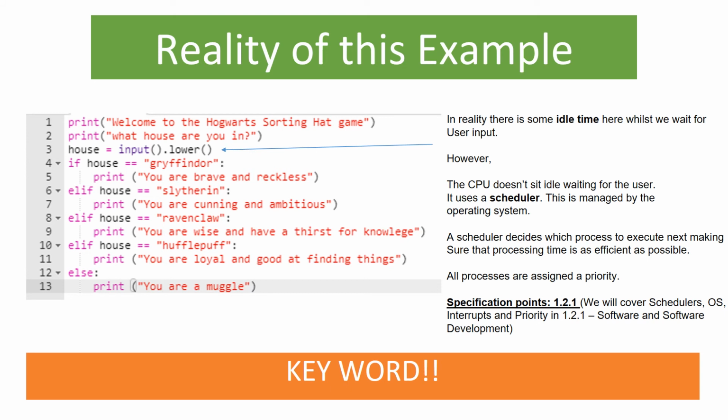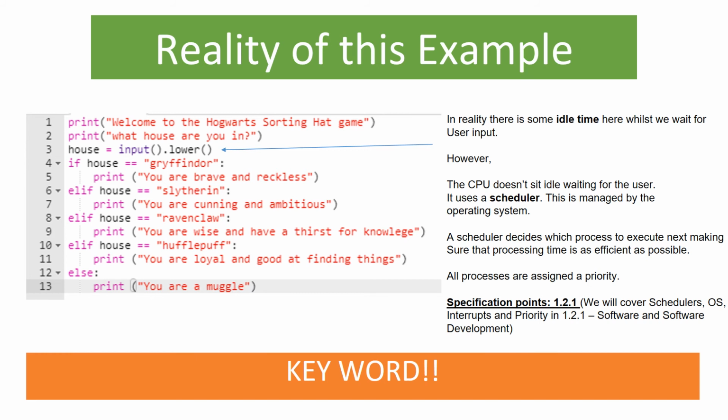However, the CPU doesn't actually wait for the user to input a value. It has something called a scheduler, and this is actually managed by the operating system. It's one of its functions. And a scheduler assigns a priority to each different task and will decide which task it's going to run. So rather than waiting, it will start on other processes.